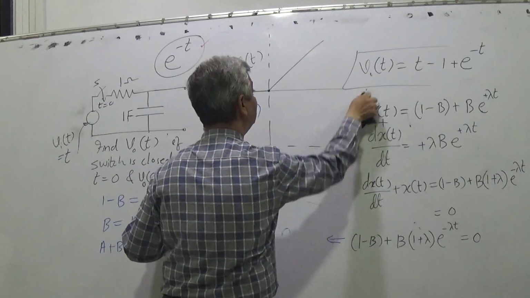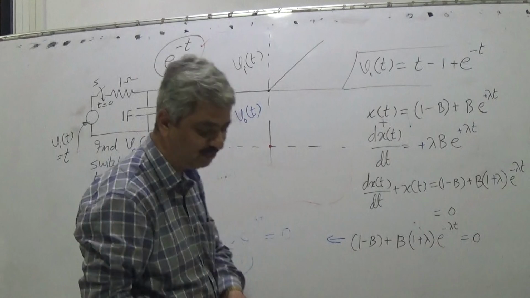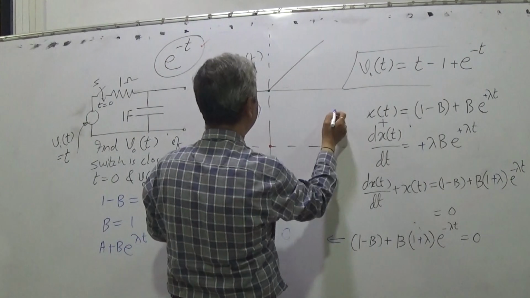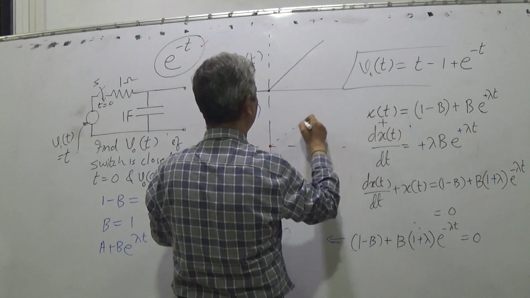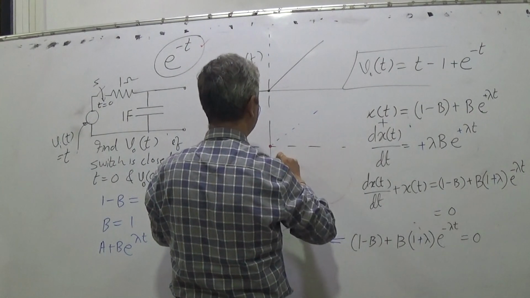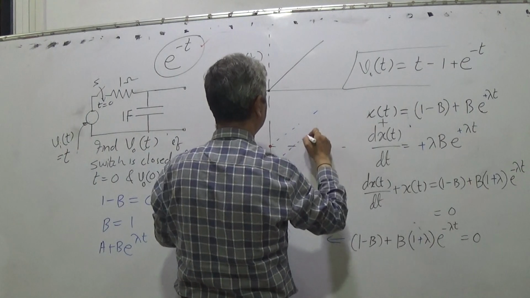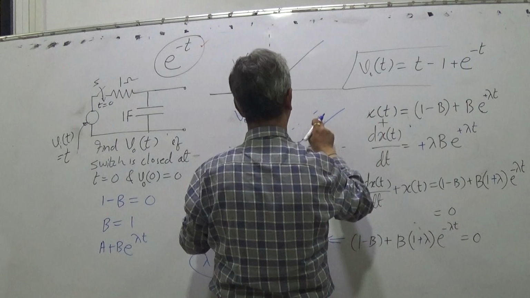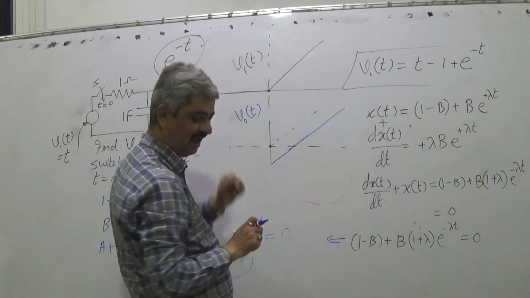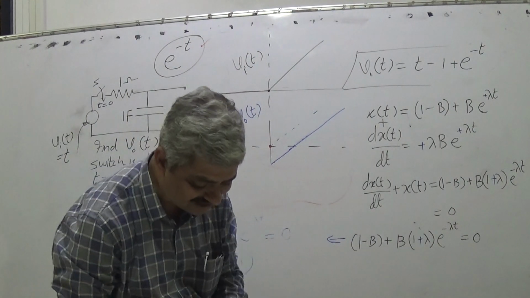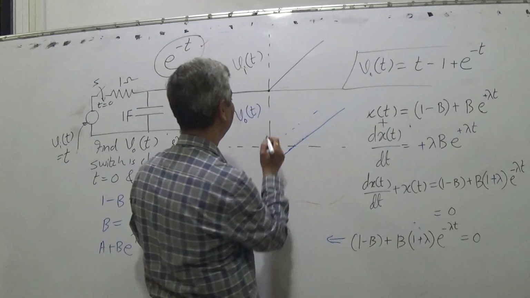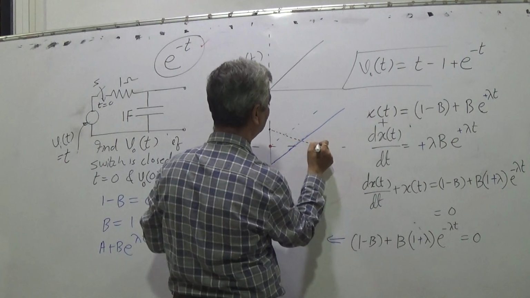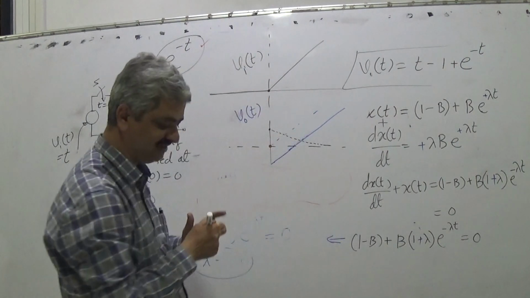So what will happen if I don't use e raised to minus t, only t minus 1? The graph would be, this is t, this is the t input, and this is the 1 minus t graph. And e raised to minus lambda t is 1 at t equal to 0, and then it goes back. Exponential decays down.